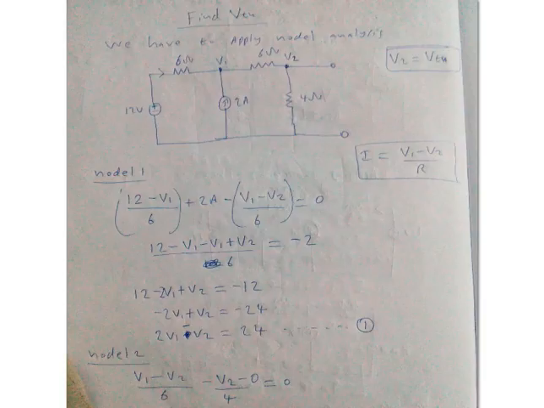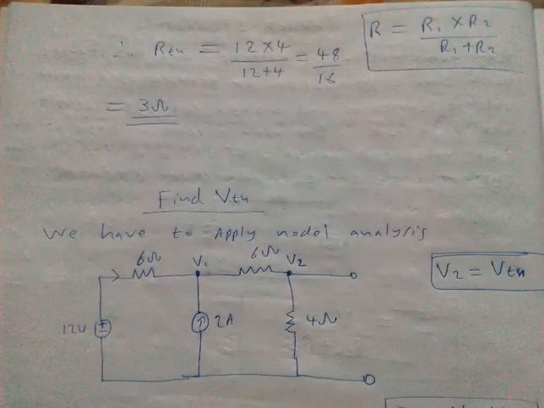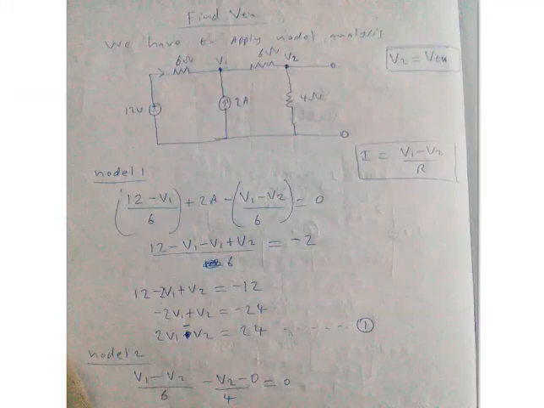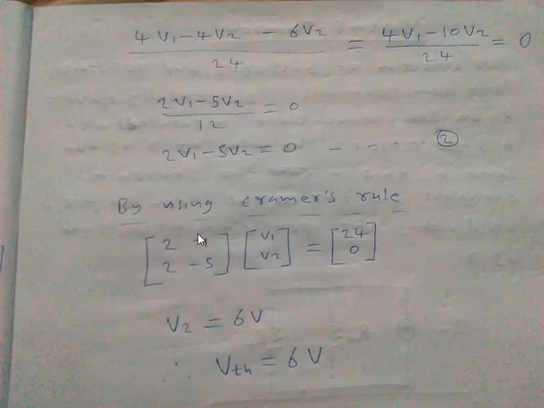Like that, 2 minus 1, then here 2 minus 5. You put that in a matrix, and V1 and V2 over here, is equal to the results 24 and 0. By applying Cramer's rule, we get V2 is equal to 6. As I told you before, VTH is equal to V2, so VTH is equal to 6V.